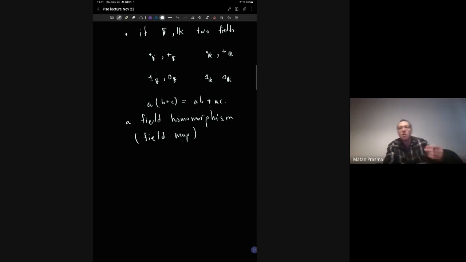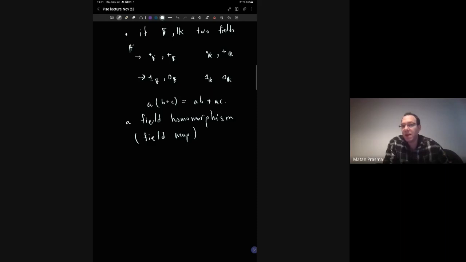You can think of all the notions we talk about as a certain data satisfying certain conditions. What is F? F is a set together with the data of two binary operations and two special elements, 1 and 0, satisfying certain axioms.